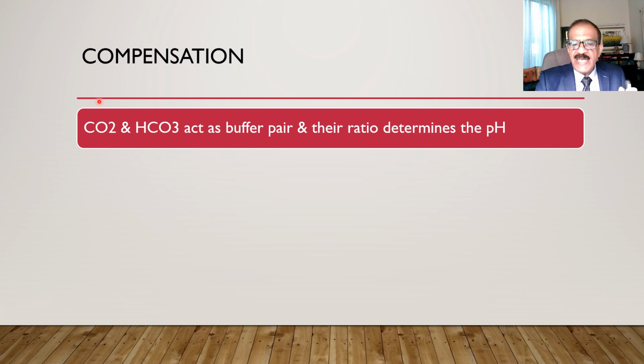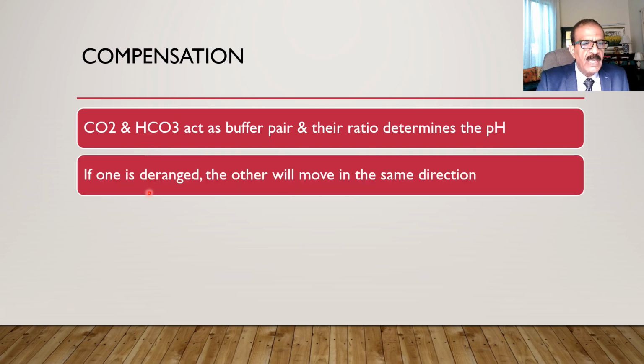If one increases, the other also increases to maintain the ratio and to maintain the pH. If one is deranged in either direction, the other will move in the same direction. If carbon dioxide is increased, bicarb will be retained with time, and if carbon dioxide is reduced, bicarb will also be washed out from the kidneys.